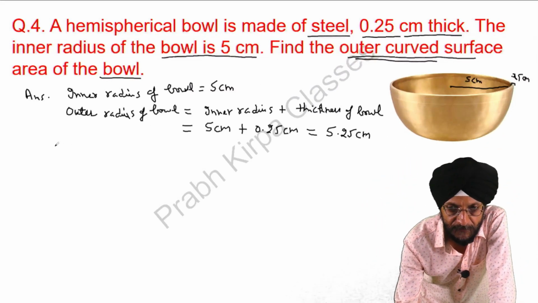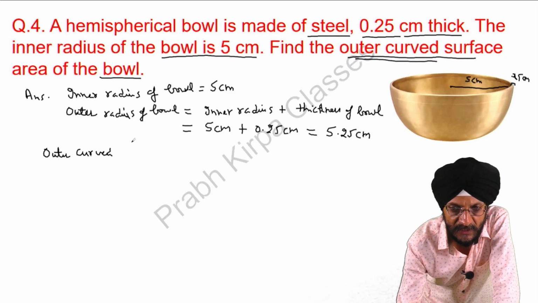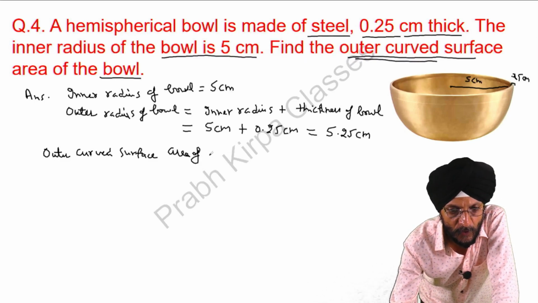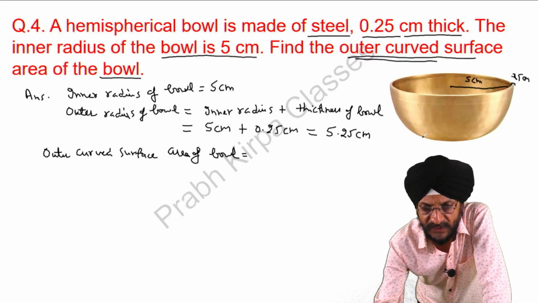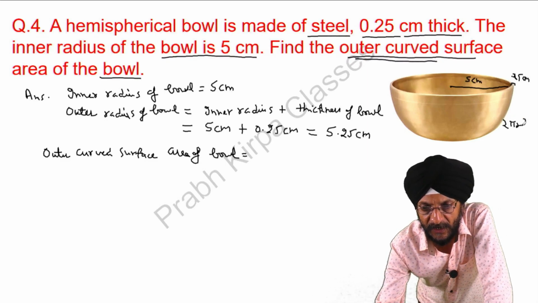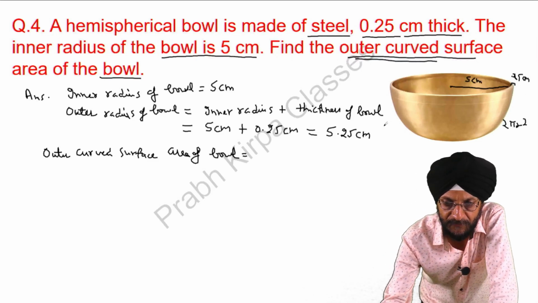Now what is the outer curved surface area of the bowl? We know that the curved surface area of the bowl can be calculated by the formula 2 pi r square. This is the round shape and we have to calculate this area.